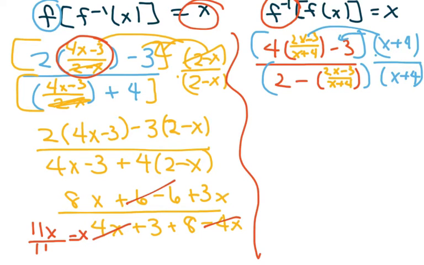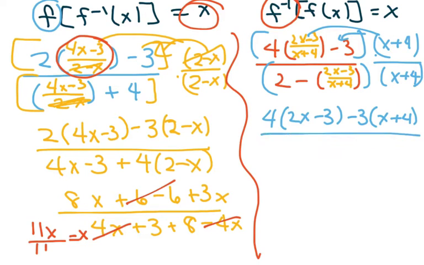So the first piece, it just cancels, and you get 4 times 2x minus 3 times x plus 4 for the numerator. The denominator, you get 2 times x plus 4 minus 2x minus 3, because this part would just cancel, just like that part canceled.